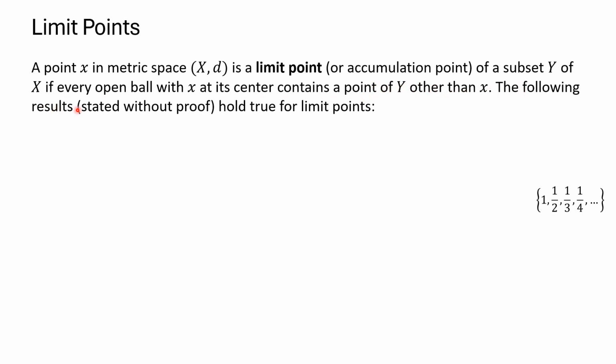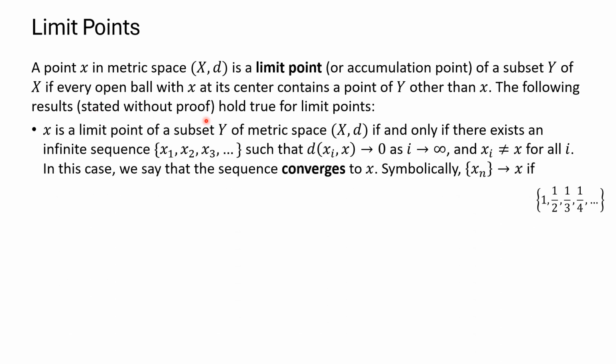I'm going to state some results here without proof, but they relate to limit points. This is sort of an alternate definition or equivalence. x is a limit point of a subset Y of a metric space if and only if there exists an infinite sequence in Y such that the distance between an element in the sequence and x approaches 0 as i goes up to infinity.